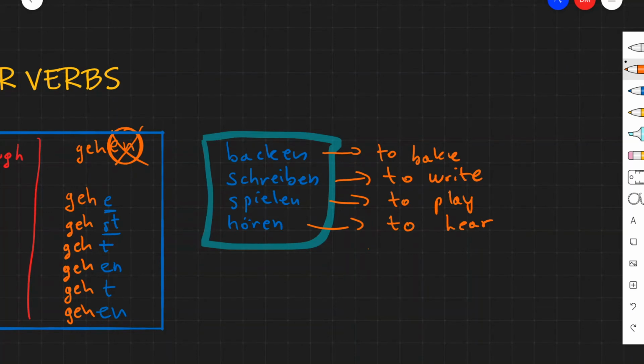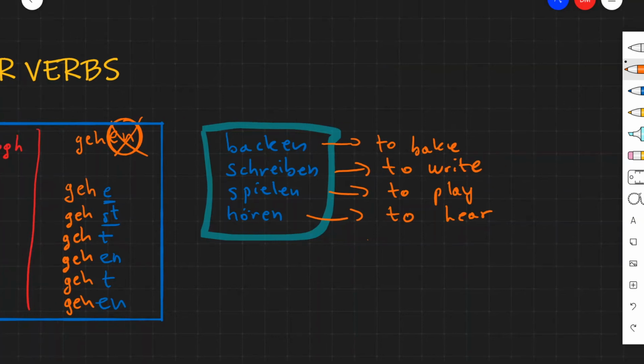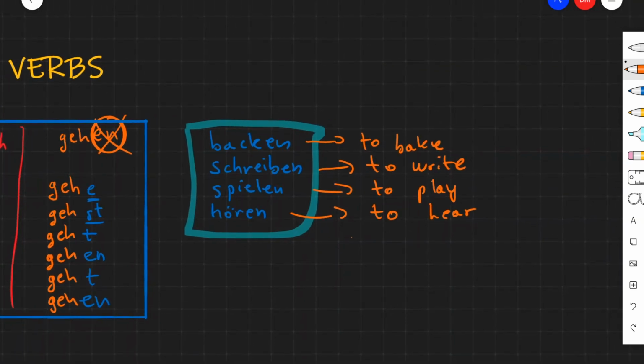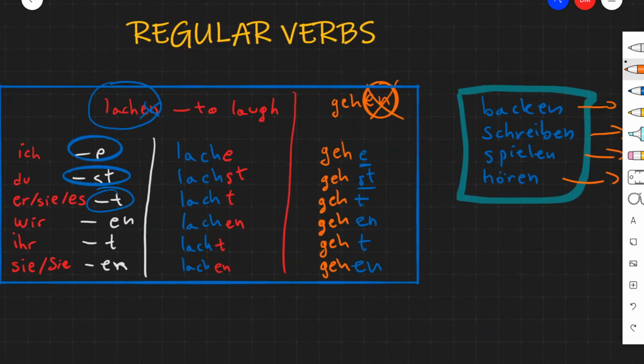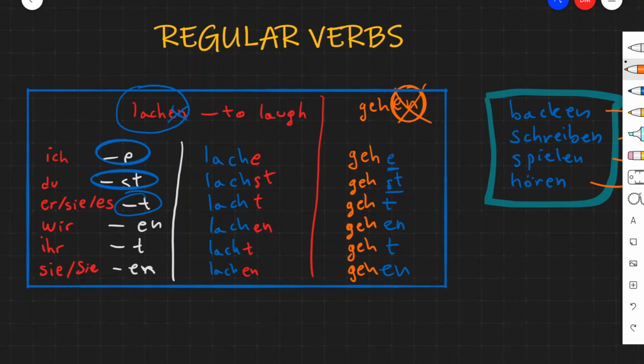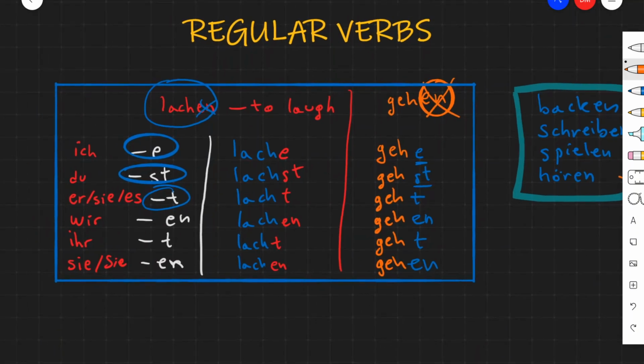Hören, to hear, spielen, to play, schreiben, to write, and backen, to bake. So I'd like for you to try them out and see if you can apply this law of conjugating regular verbs without a hiccup.